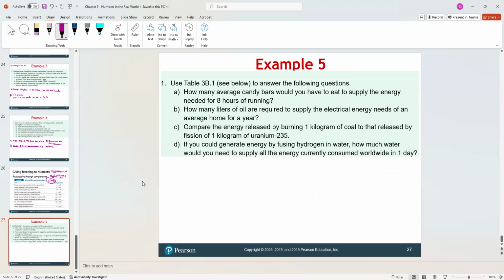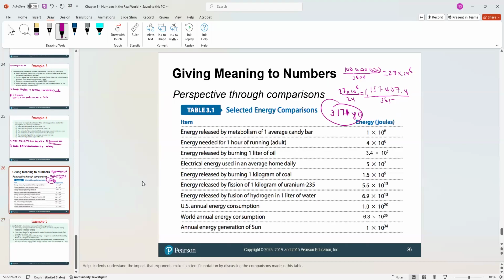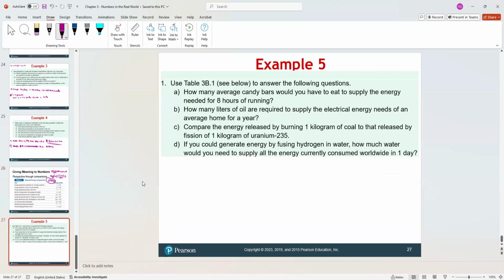In these examples, we ask you to use the table that I just showed you here to answer the following questions. So we can answer as many questions as possible using the table. All right.